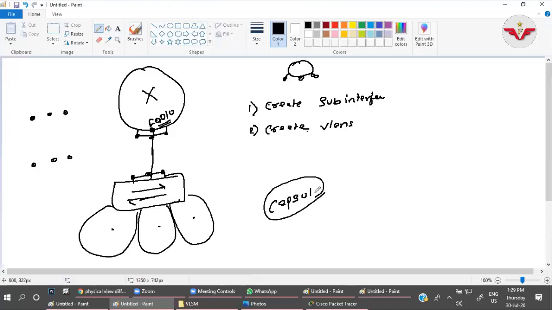What do you mean by this word, capsule? What do you know about this capsule? Just in medicine, what does it mean? What is the logic? Binding each other. Right, binding each other.